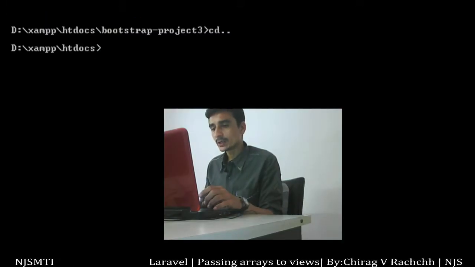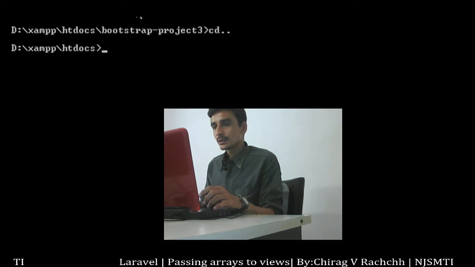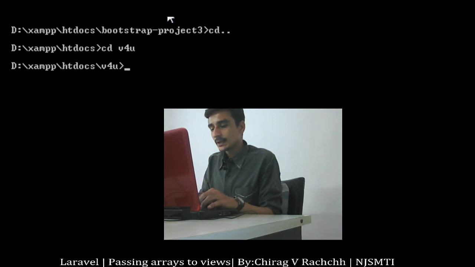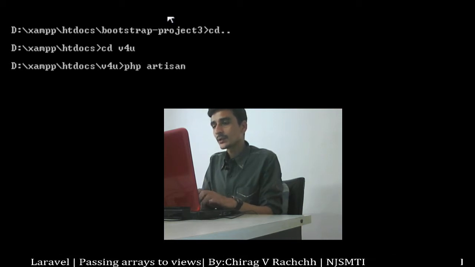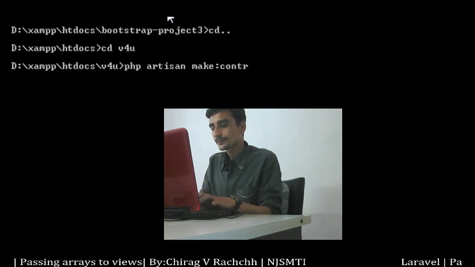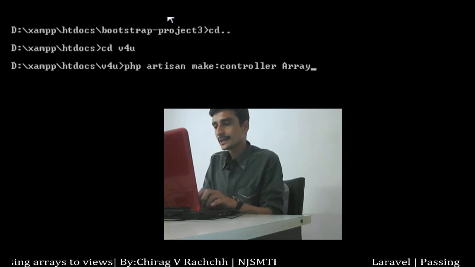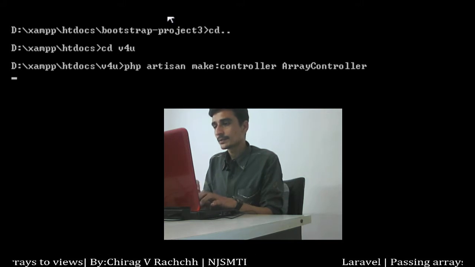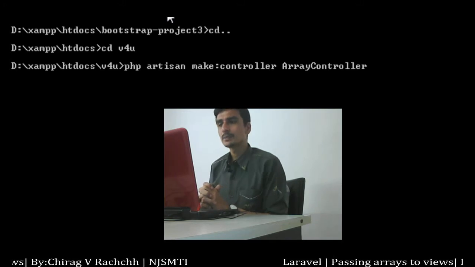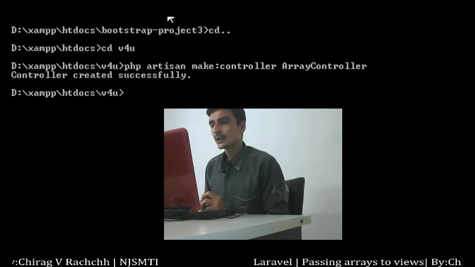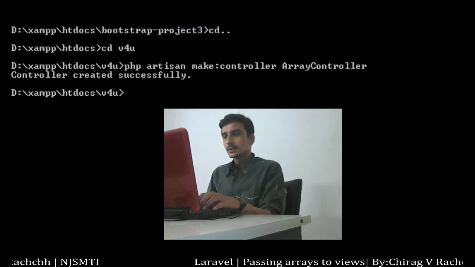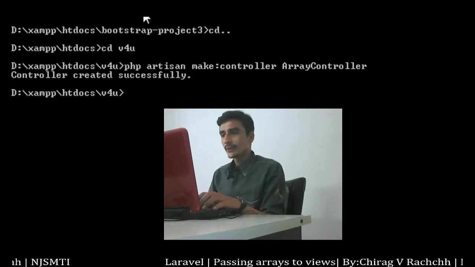First of all, we should go to the project folder, and then I will create a controller using the artisan command make controller. I will name it array controller. Whatever name we can give, but I have given the name array controller, and the controller is created successfully.